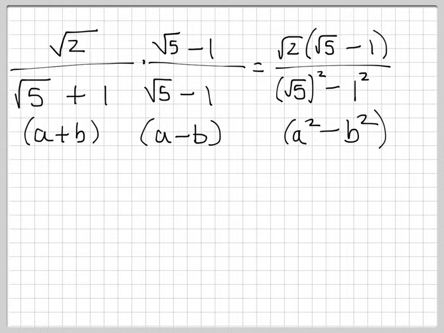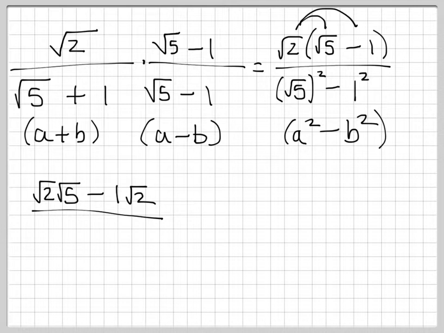Now, dealing with the top, if we distribute, right, because we always have to distribute, we get radical 2 radical 5 minus 1 radical 2. On the bottom we get radical 5 squared is 5 minus 1 squared is 1.